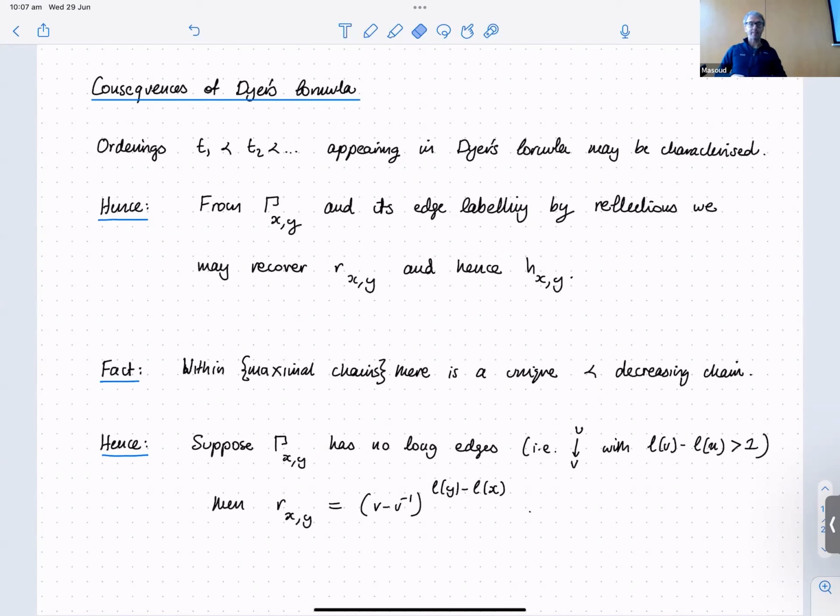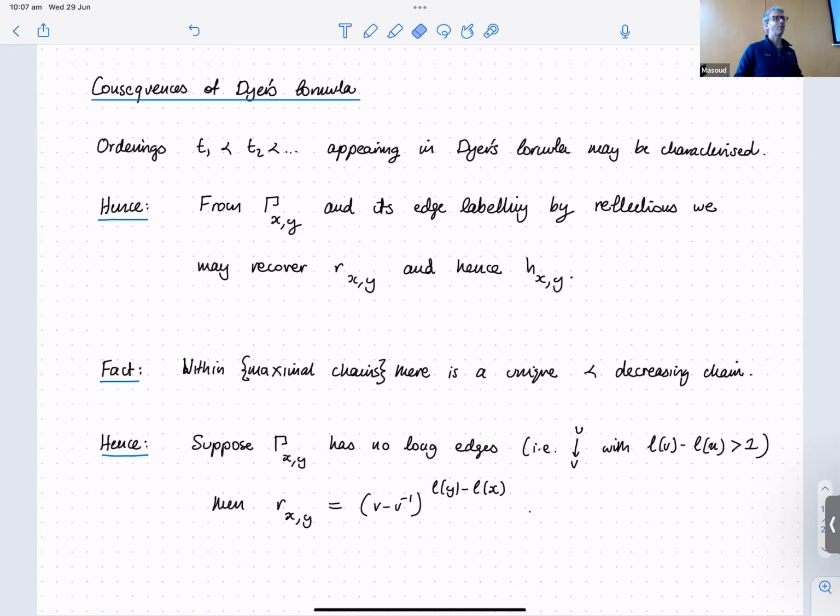So that tells you that the R polynomial is very simple, v minus v inverse. And so that tells you that if the Bruhat graph has no long edges, combinatorial invariance is true. And this actually covers a very large number of examples. In symmetric groups, you can find hundreds of millions of examples with no long edges. And it's true for all of them.